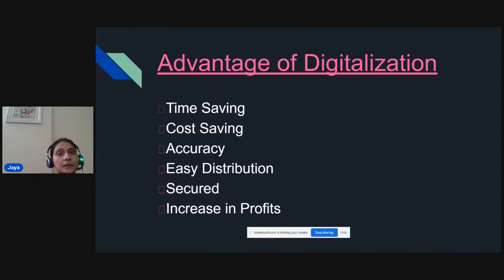Third is accuracy, because a digital tool gives more and more accuracy when you are looking at any product or brand. Then is easy distribution. When you have to give a new feature, or you need to tell people about a new product launch for your company, you can easily do it with social media platforms. You don't need to create pamphlets and go over there and distribute them.